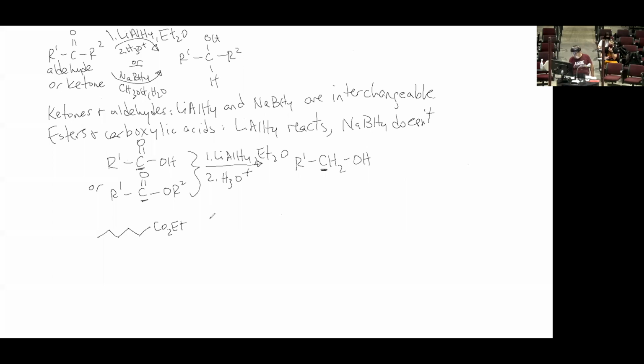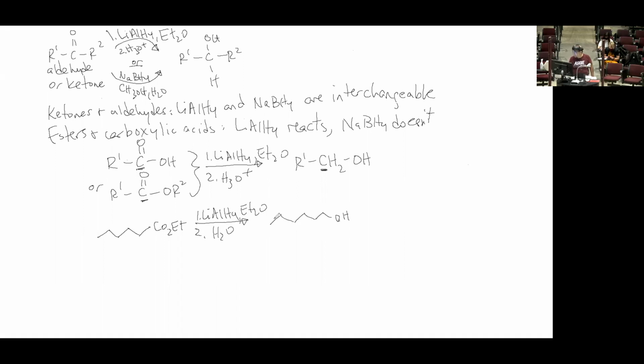Let's look at, I want to at least give you one example. Since we've already given examples of this type of reaction, let's do ethyl hexanoate. 2, 3, 4, 5, 6. Right, and you can abbreviate esters like this.